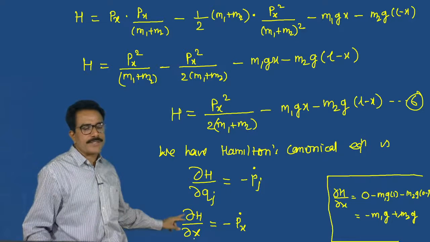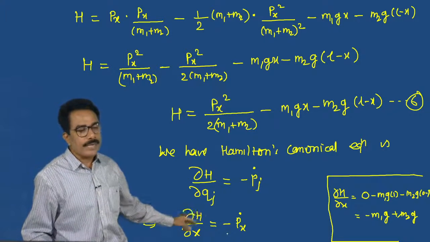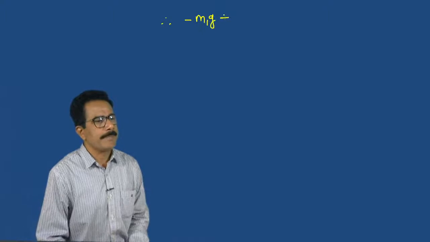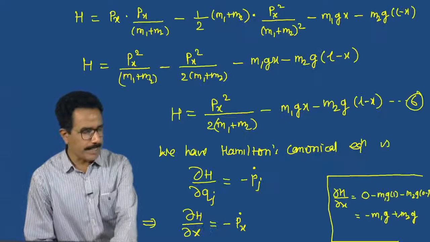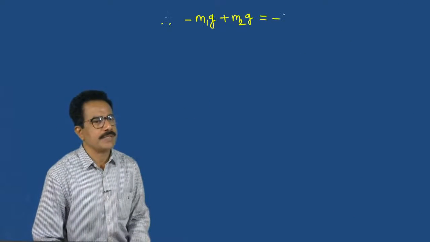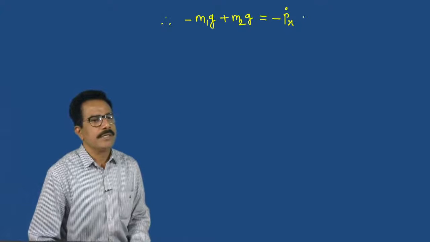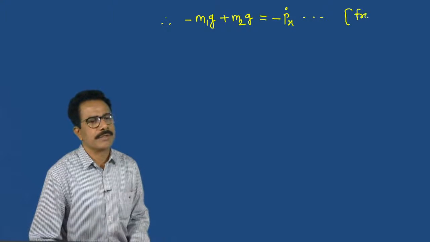So ∂H/∂x, we can write from equation 6, therefore minus m1g plus m2g, which is equals to px dot minus px dot, this is from 6.